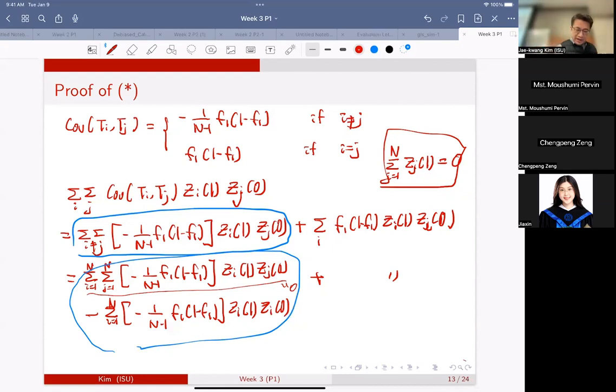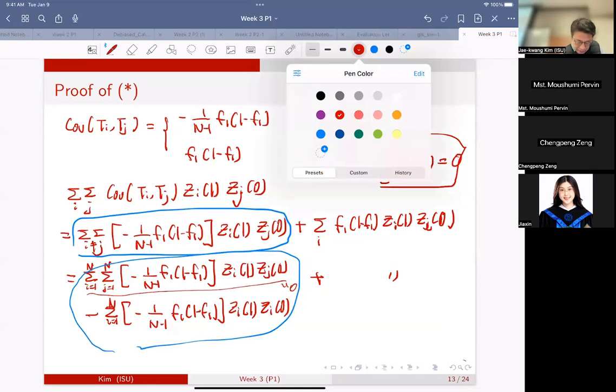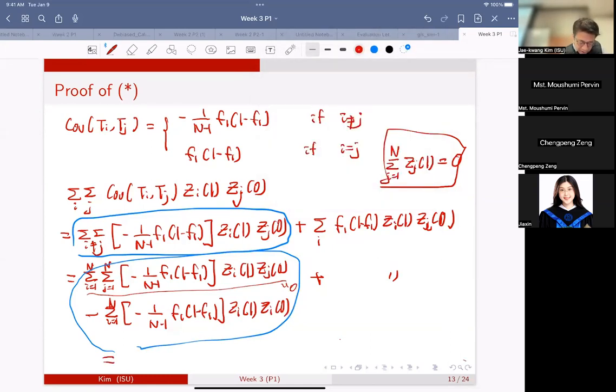So you end up getting something like 1 over n minus 1, plus 1, and double summation of f1(1) minus f1(c_i1 c_i0).